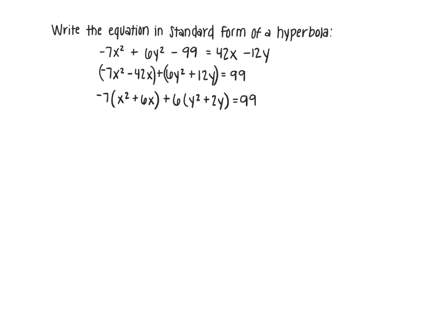So now, of course, I'm going to complete the square. I'm not going to go over how I complete the square. You can review that in the ellipse video, or you can go on to IXL, where you already should have practiced this skill last week.